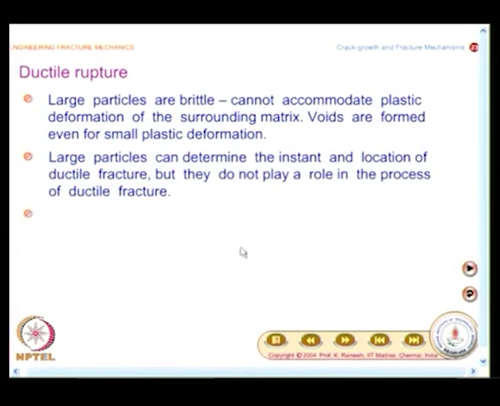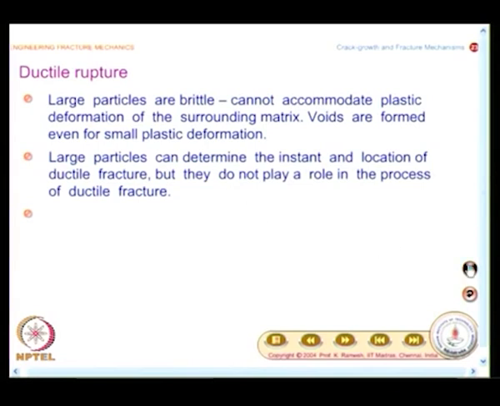And the way the large particles play a role is, they determine the instant and location of ductile fracture. What is reported is that they do not play a role in the process of ductile fracture. They determine the instant and the location.